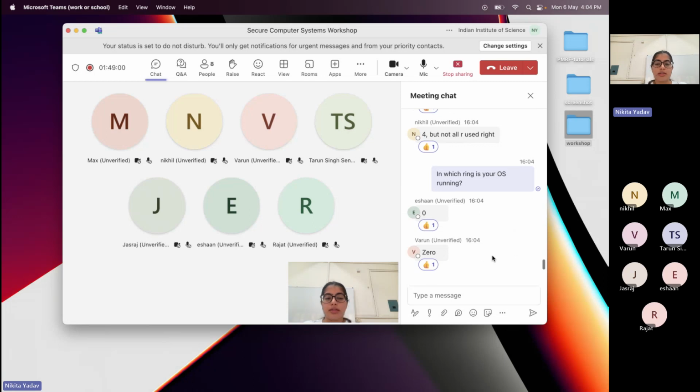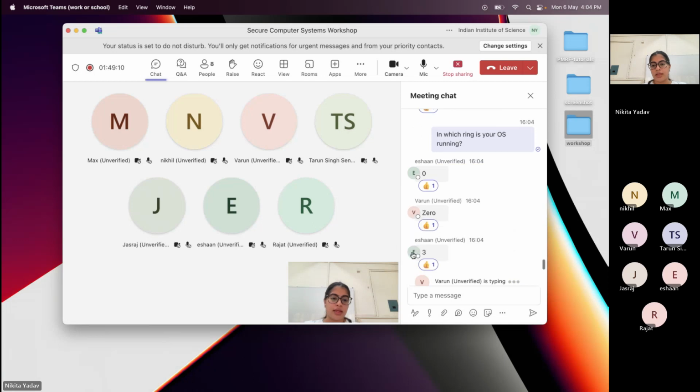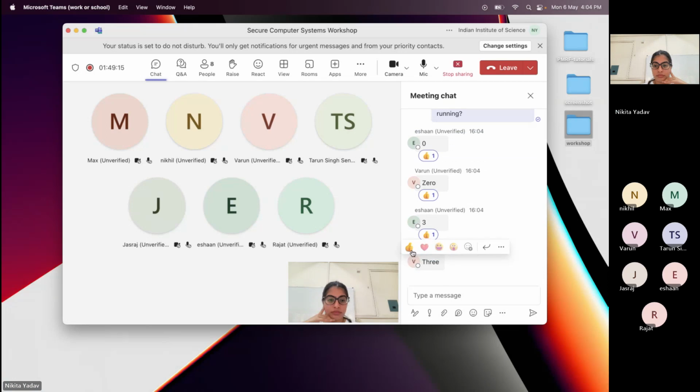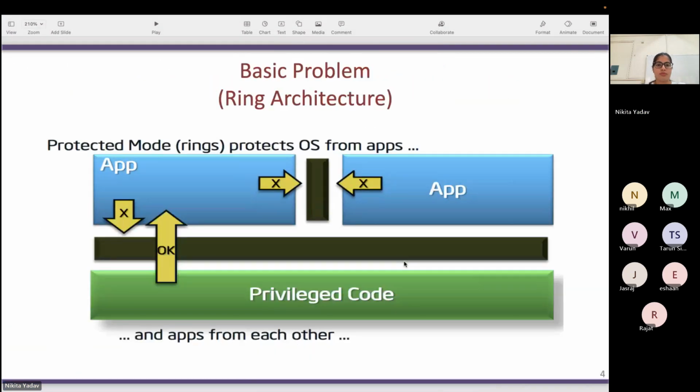And in which ring do your applications run? Right, so your applications are running in ring 3, your OS is running in ring 0. Ring 0 is the most privileged ring, and ring 3 is the most unprivileged ring.